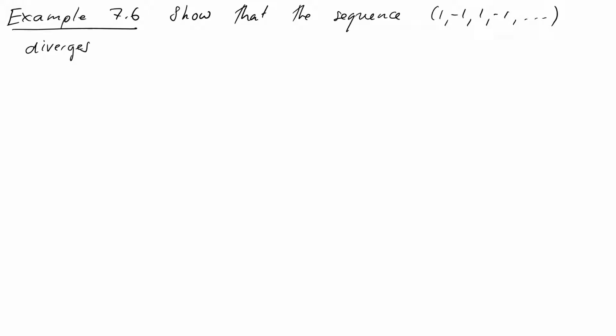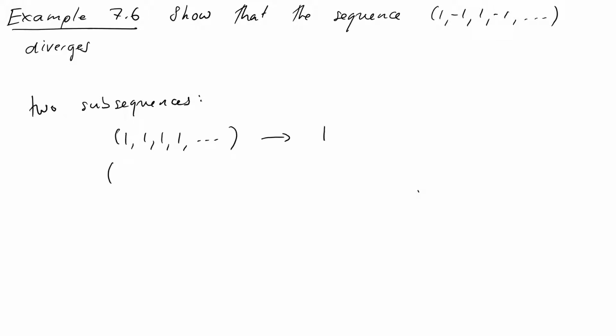The subsequence argument is actually really useful also for showing when a sequence diverges. Just remember that diverge means doesn't converge. So rather than trying to argue with the negation of the convergence definition for this one, an easier result to use is the subsequence one. So we have two subsequences. The first one is just the one that's got all ones in it. These are kind of obviously good choices for subsequences.